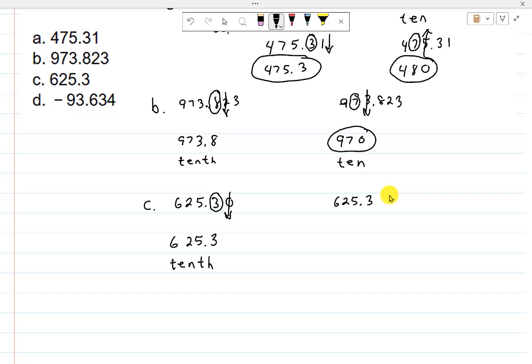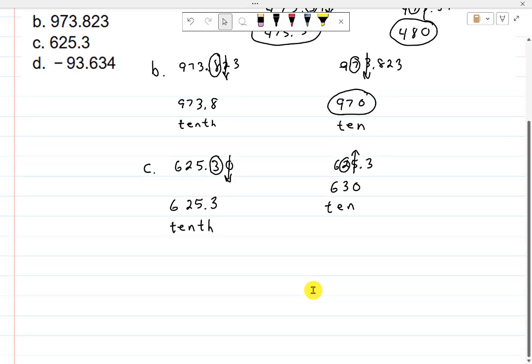Now for the nearest 10, I look at this 2. After it, I see the digit is a 5. So I can round this one up. So this would be 630. And the last one, there's nothing special about the negative that you have to even pay attention to.